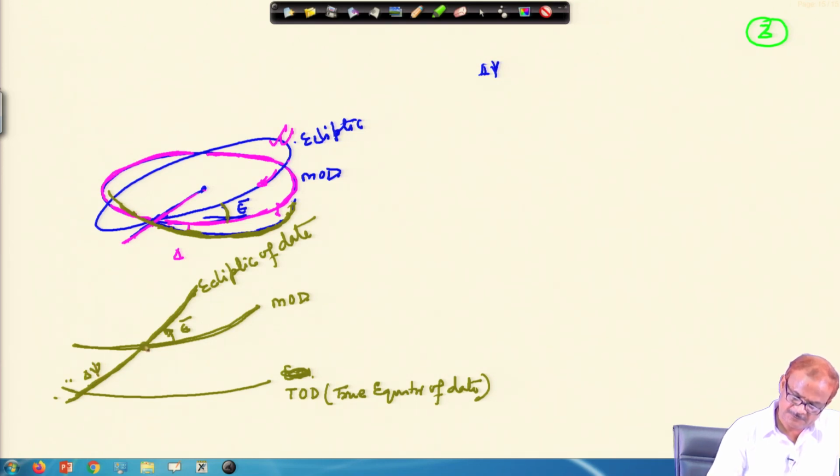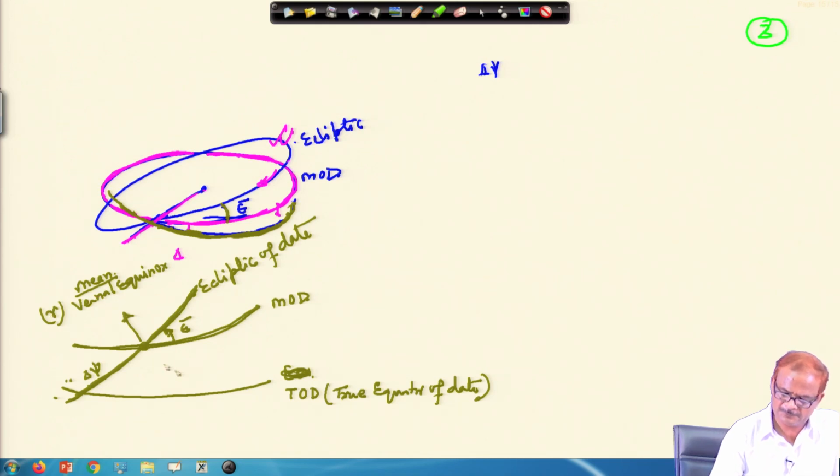So, this was your vernal equinox gamma; we have shown the mean vernal equinox. People do not use this term, but for convenience let us write this as the point gamma.